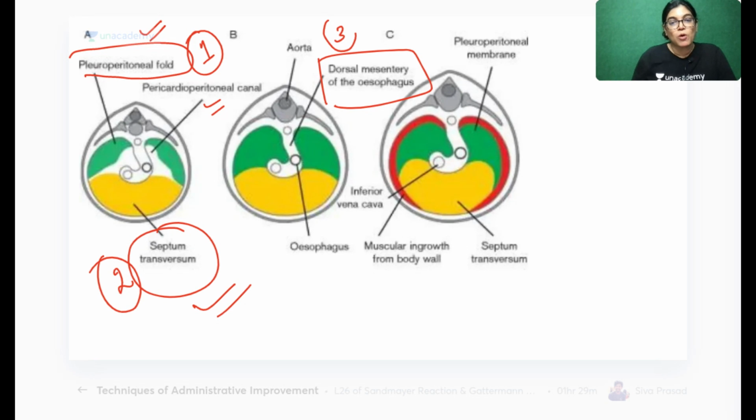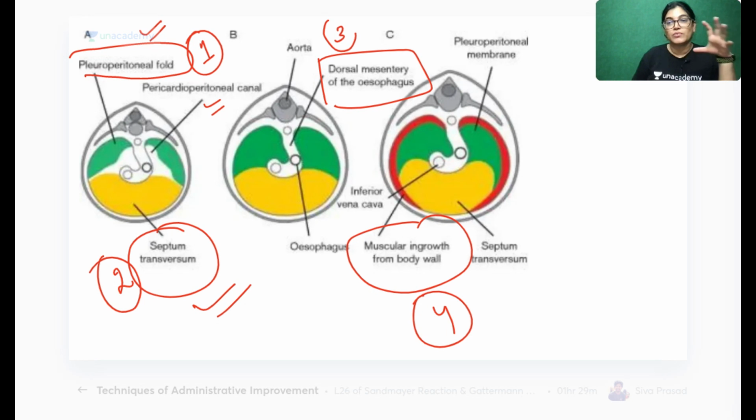Also the growth from the body wall. So 1, 2, 3, and 4: the pleuroperitoneal membrane, the dorsal mesentery of the esophagus, the muscular ingrowth of the body wall, and the septum transversum. These are the 4 sources giving rise to the whole diaphragm, a muscular component dividing the thoracic and abdominal cavity.